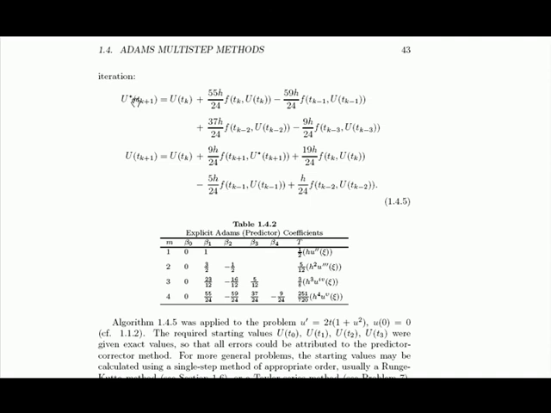So you basically use a predictor to predict the value of u at t k plus 1, then you plug that in on the right hand side, the beta 0 is not 0 here, and calculate a new one. And in theory you could iterate that until it converges, but one iteration turns out to be sufficient. So this is a typical predictor-corrector method.